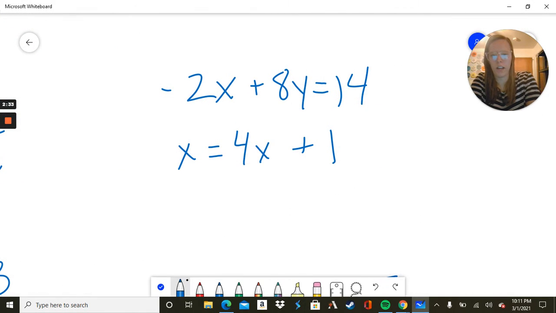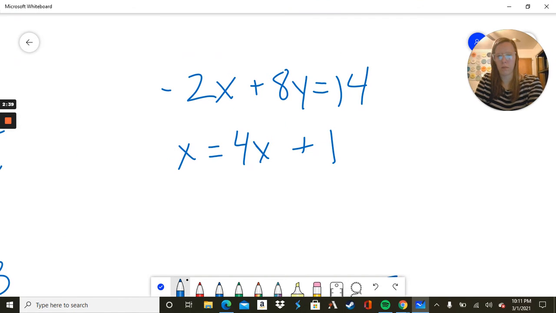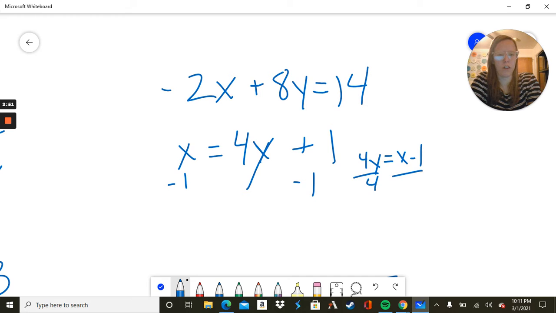So here we go again. This one. Did I write that right? This should be a y. So we're going to just minus 1, minus 1. So 4y equals x minus 1, divided by 4. y equals 1/4 x minus 1/4. Here we are going to add 2x.